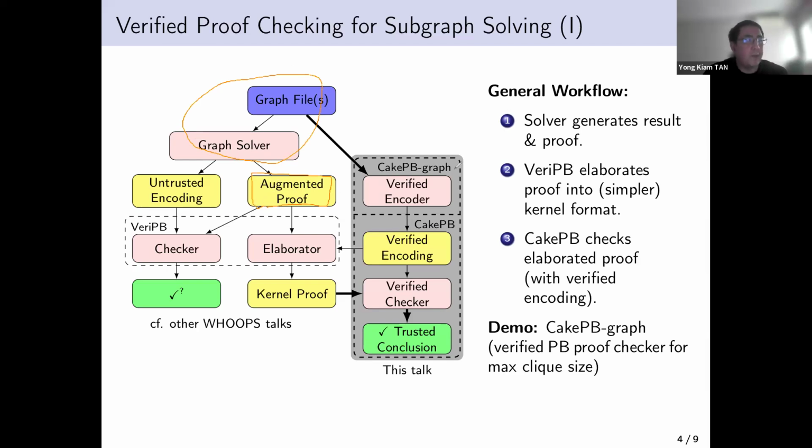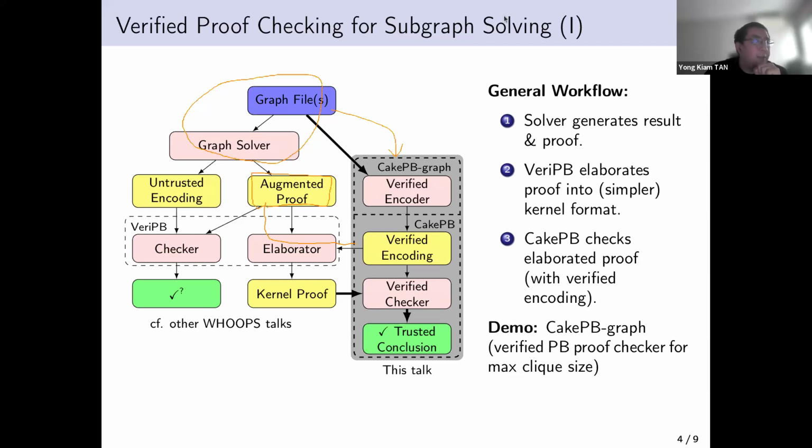The workflow that we have for at least the VeryPB/CakePB interaction is that at the same time, we feed this graph problem into a verified proof checker, and this proof goes into CakePB.